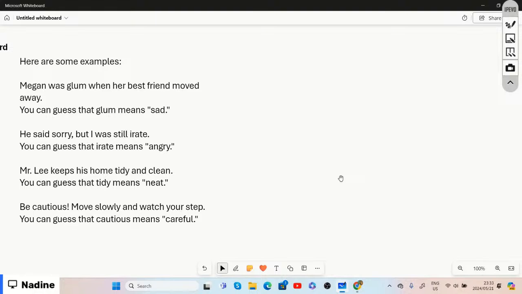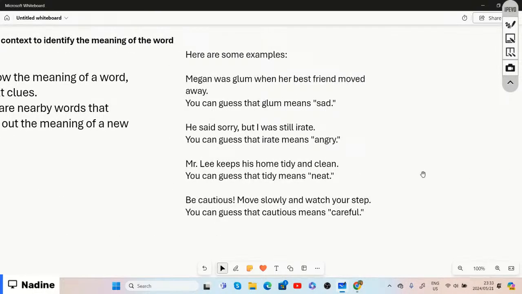So like we said, with context clues, you will have a specific sentence, and there will be one or two words within that sentence that we don't understand, but the other words, that is why they say nearby words, or the context within that sentence will give us an idea of what the meaning of that word is.